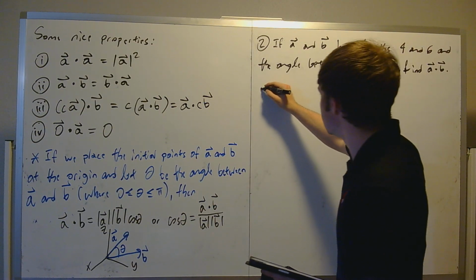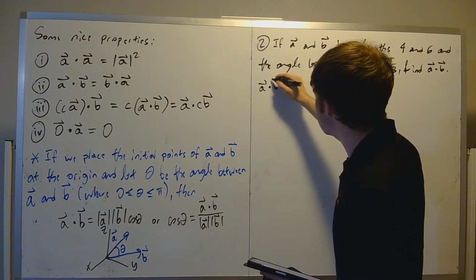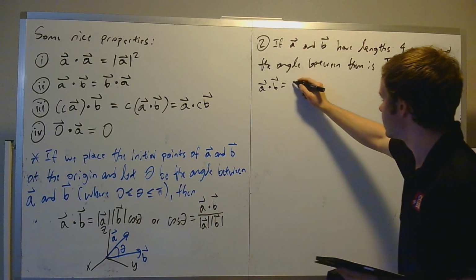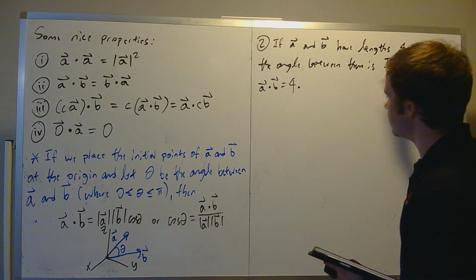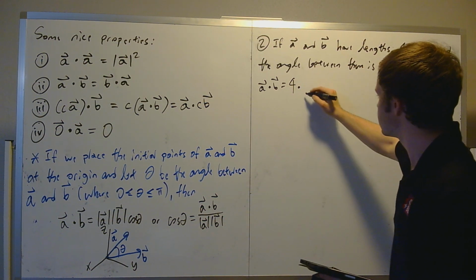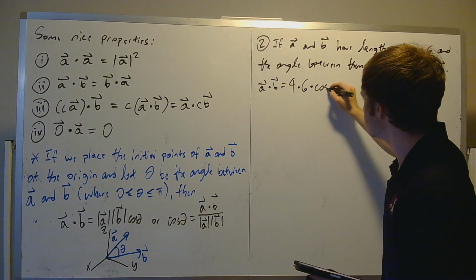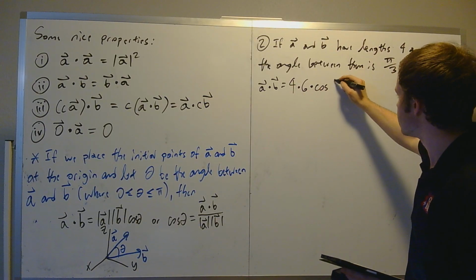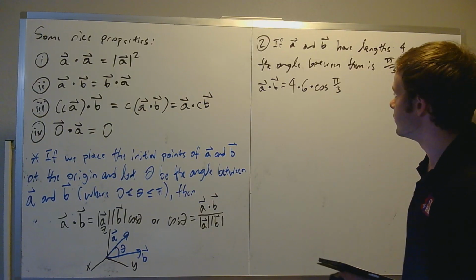So it says in the formula that A dotted with B is equal to the length of A, which we said was 4, times the length of B, which we said was 6, times the cosine of theta, which is the cosine of pi over 3. Right.